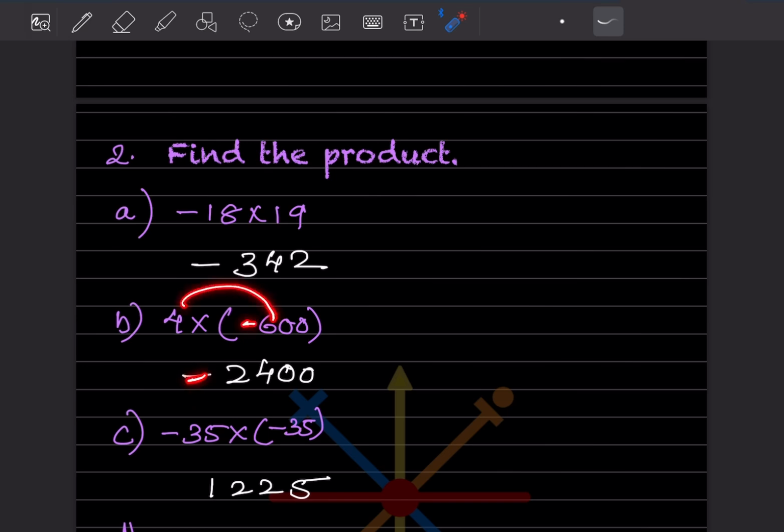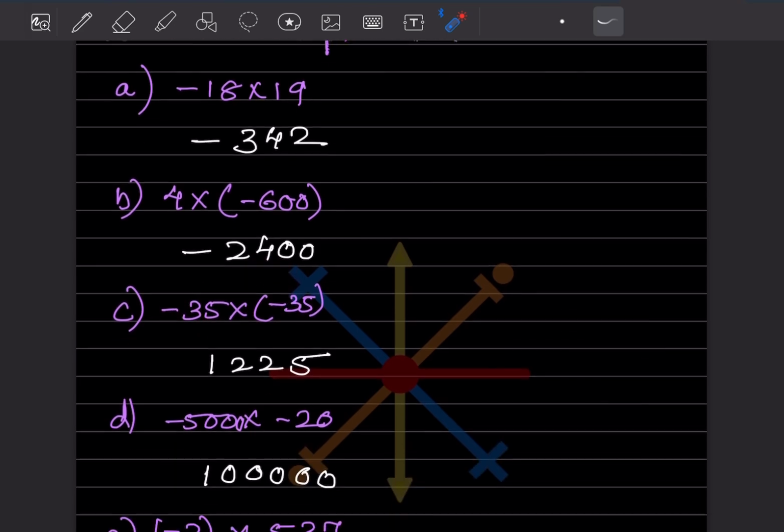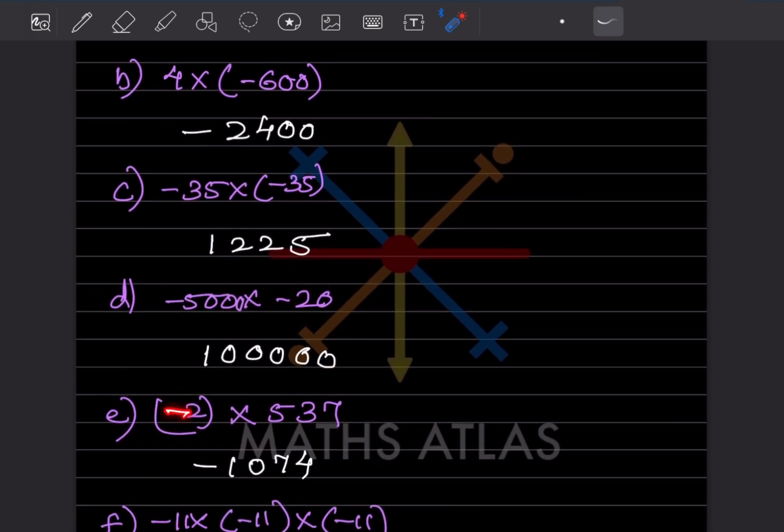That will be 6 4s are 24 and 2 zeros. Here minus multiplied by minus is going to be plus. Multiply this, that will be 1225. Minus into minus will be plus. So this will be 5 2s are 10 and 1 2 3 and 4 zeros. This is just minus. Multiply this, that will be 10574.